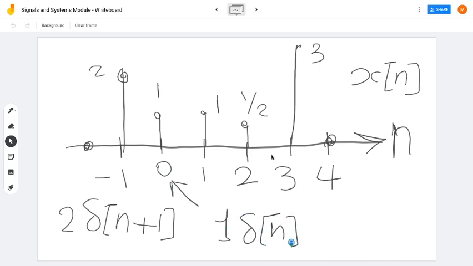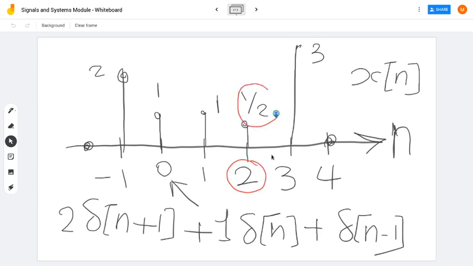So the impulse at 0 and the weight is 1. We have an impulse at 1 with weight of 1, so delta of n minus 1. And the sample at 2 would be 1/2 delta of n minus 2, and this would be delta of n minus 3, and so on. So any discrete time signal x of n can be represented as a summation of shifted weighted impulses.